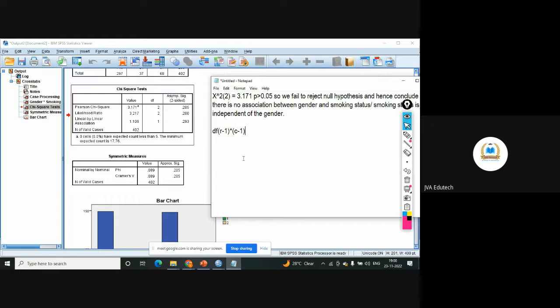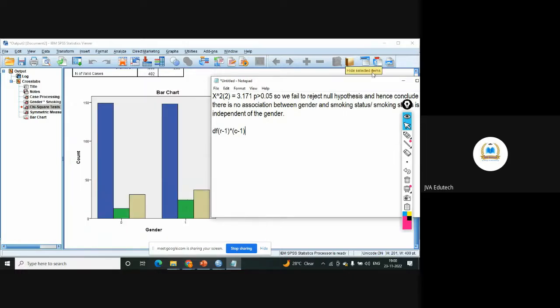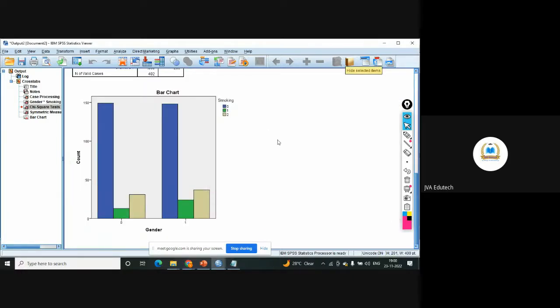Now, the significance result: there is no association. The association is non-significant, also a very weak association, 8.9%. And if you see this cluster chart, across genders, across male and female, you can see that all the bars are very different.